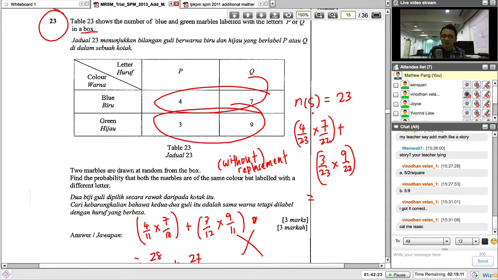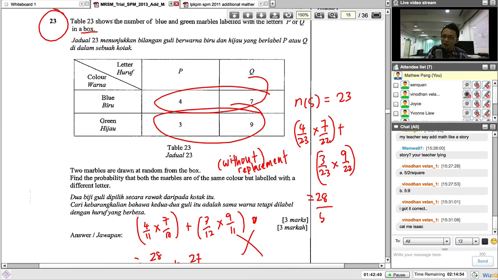I think because it says that they are labeled P or Q in a box, all of them are actually in the same box. So I think using the second one will be better. This is 28 over 23 times 22, which is 506.